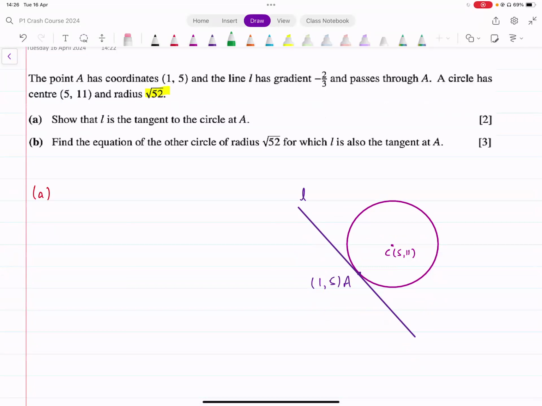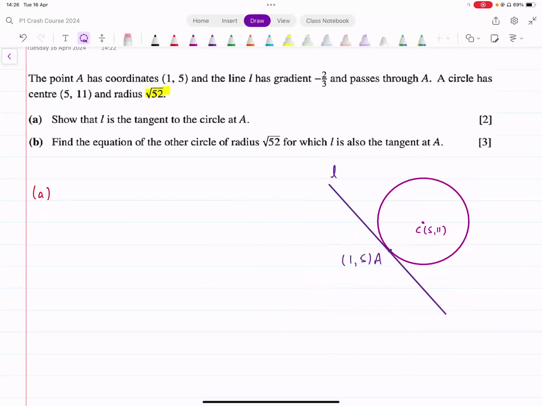Now, how do we show that L is a tangent? This is very important. There are two conditions that you need to make sure the point A and the line L are meeting. If you were to draw a line from the center of the circle to the point A, this would be the radius of the circle.